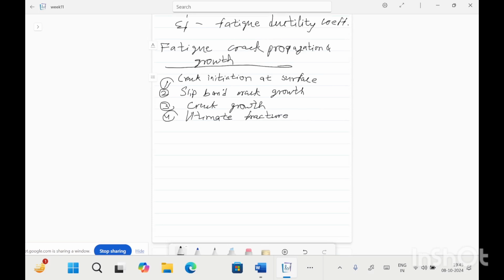So what is meant by the second step, slip band crack growth? Slip band crack growth will occur at the slip band, which is along a specific crystal plane and direction.